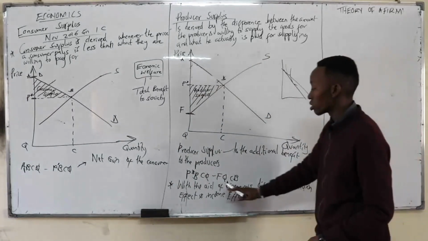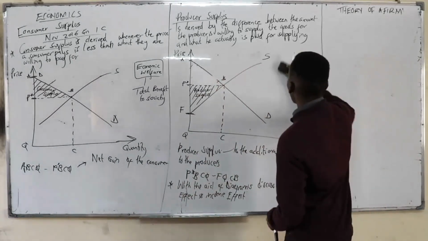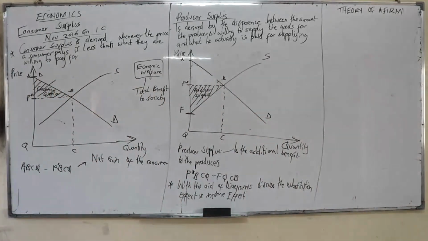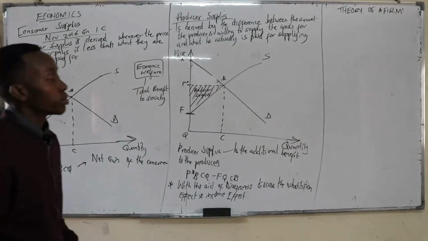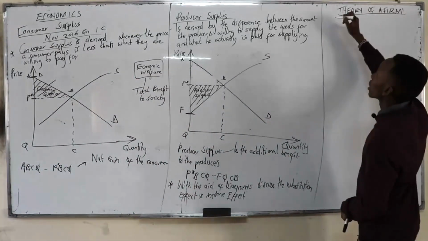That is the whole concept of the substitution and income effect. I want you to also try and see if you can reason it out, and then I will explain to you.